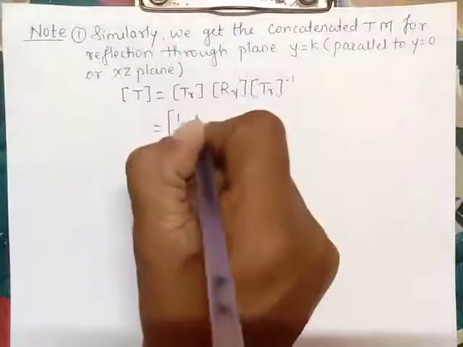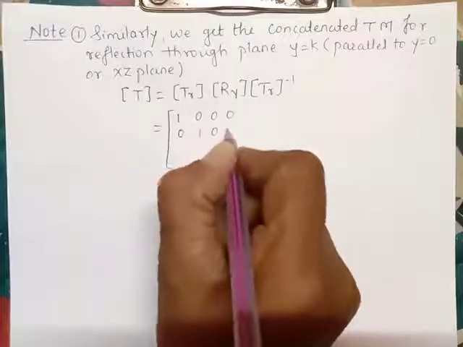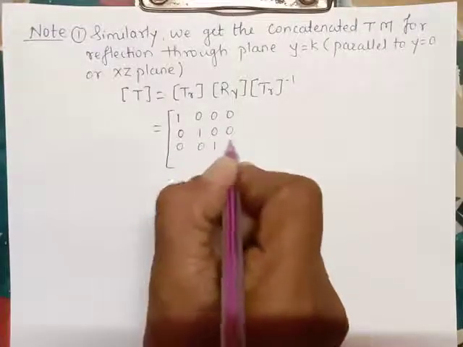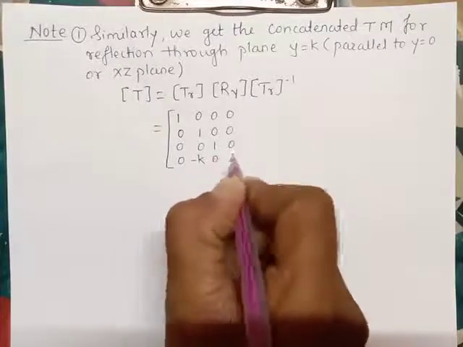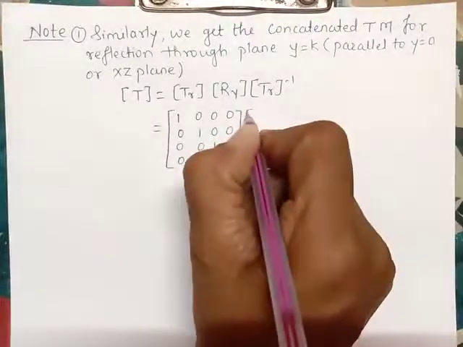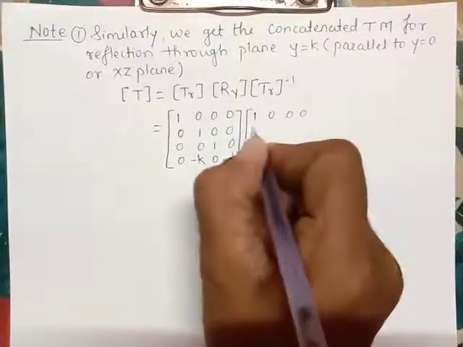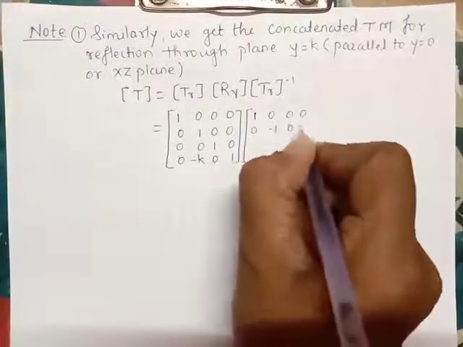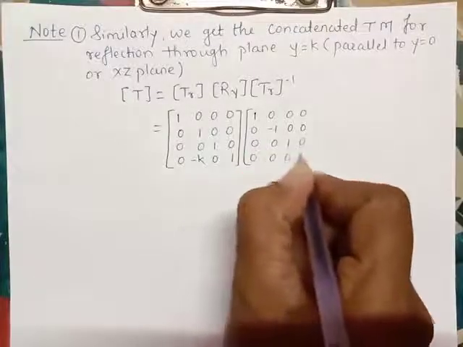It will be 1 0 0 0, 0 1 0 0, 0 0 1 0, 0 minus K 0 1. Then reflection: 1 0 0 0, 0 minus 1 0 0, 0 0 1 0, 0 0 0 1.